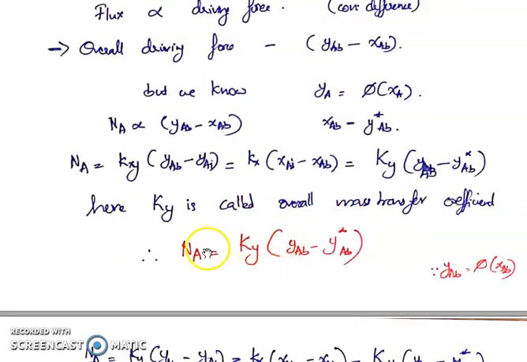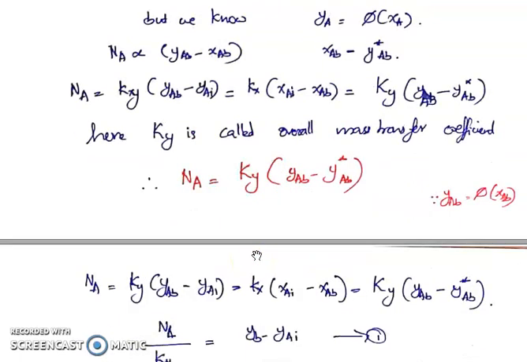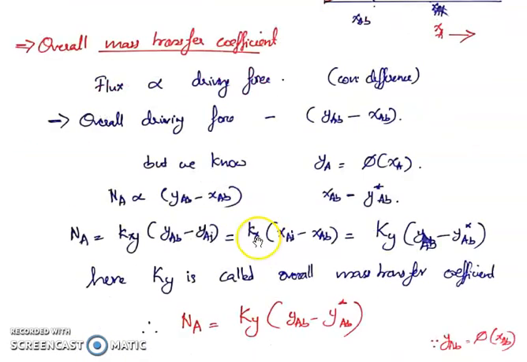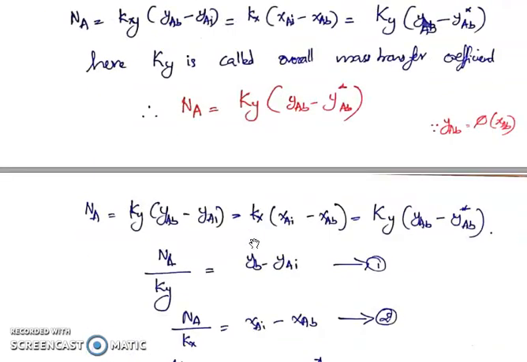So let's try to find what this Ky is. How can we find the value for overall mass transfer coefficient if we know individual mass transfer coefficients Kx and ky? We cannot find the overall mass transfer coefficient using any correlations or any methods that we have discussed in last lectures. So here let's try to find an expression for Ky using what we already know.